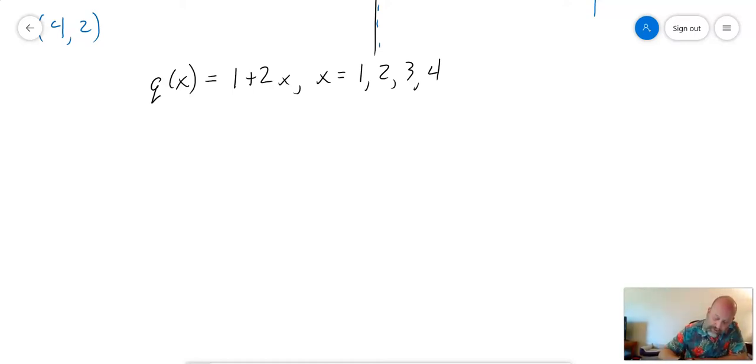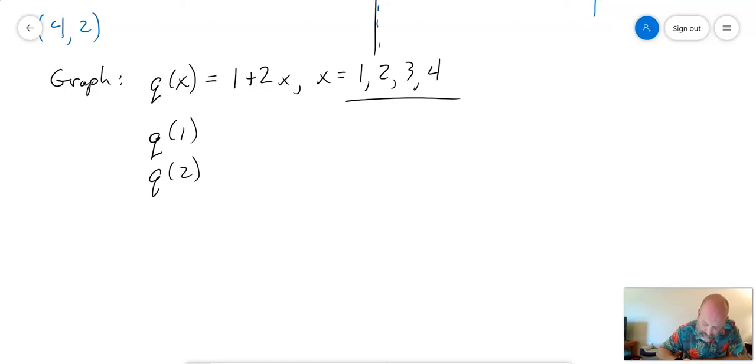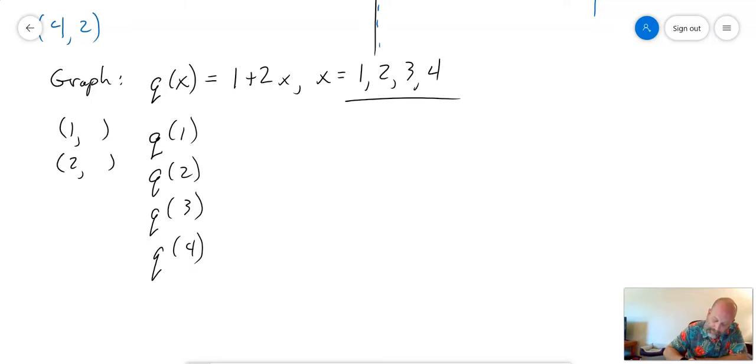So if we want to determine all of this, what you're basically going to do is just plug in those values one at a time. So if we're going to graph this, I need q of 1, q of 2, q of 3, and q of 4. Each one of these is going to be a point, and these input values are your x values. I just need to find the y value.